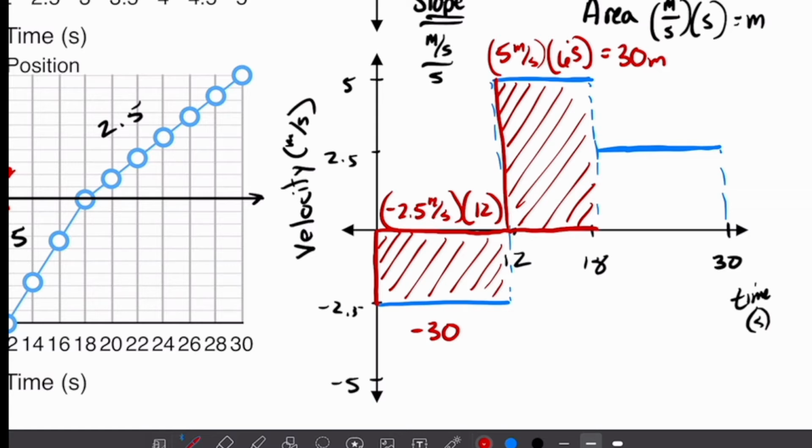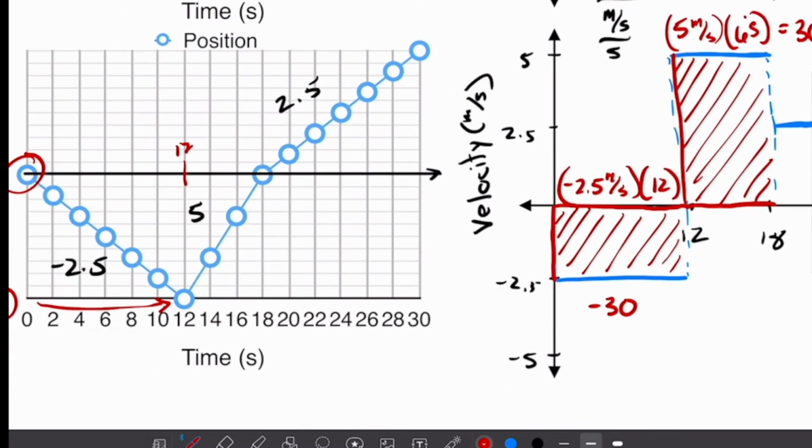Well, together that means there's a total displacement of 0. So in the next 6 seconds, I must make it back to the origin. Because I'm already 30 meters behind the origin, so I must be making it back to the origin, and indeed I do. I move over 6 seconds, and I'm back at the origin.